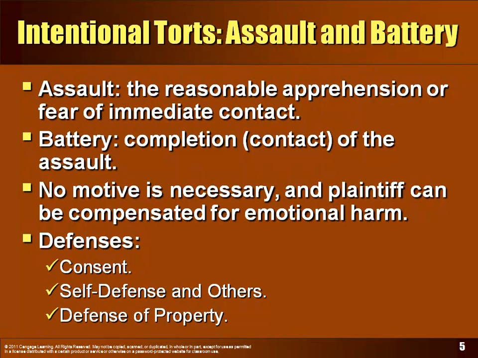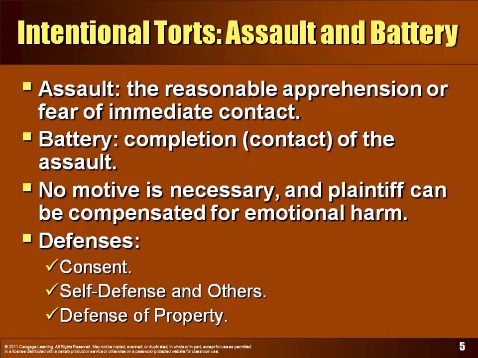So, you could always be like excited or worried. You ever met somebody like that? They're skittish. Like, oh, something's about to happen to me, right? But that's not a reasonable apprehension. That's that person's subjective apprehension about everything. Of immediate contact. It's just about to happen.